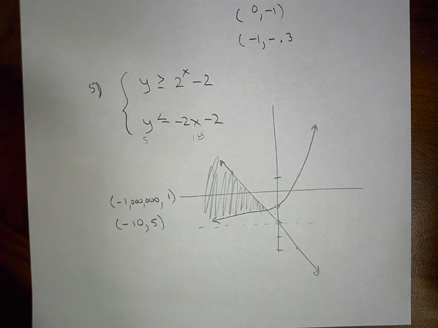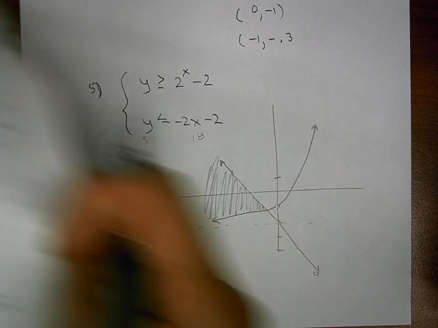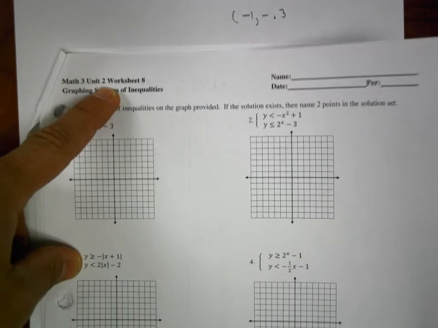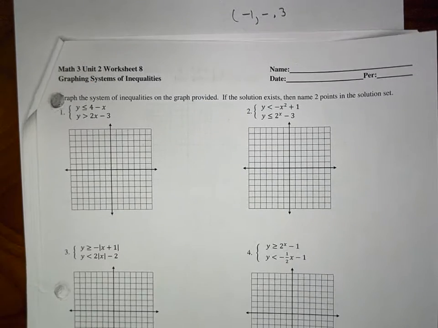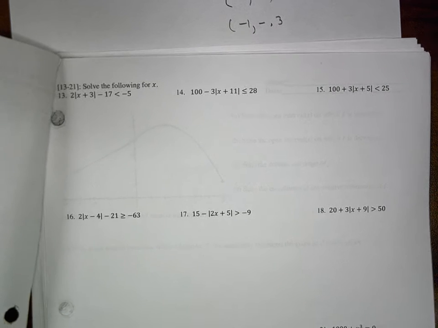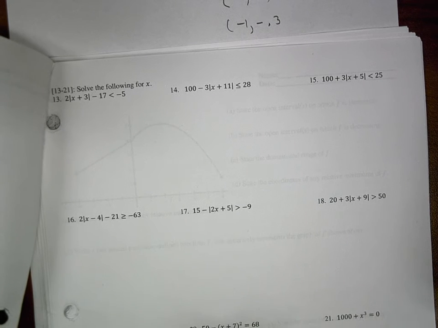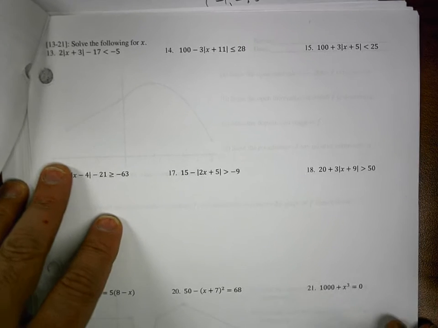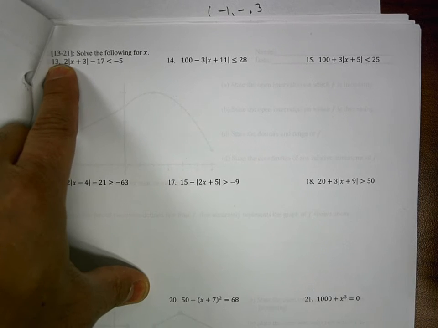Open your homework to 8. And I want to look at a couple. Let's do number 10. Incidentally, just looking at this because I have it open here, this is part of your assignment as well.